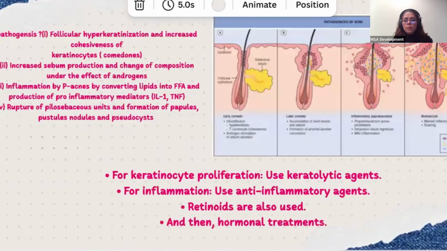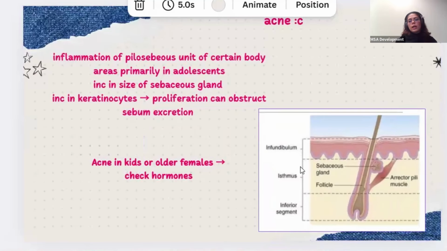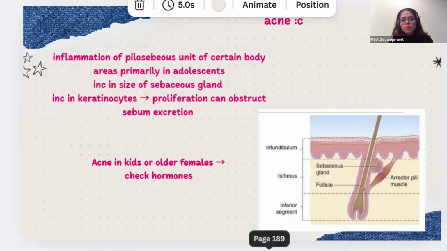I think I forgot to mention acne in kids, and I'm talking about 8 or 9-year-olds, or someone over the age of 2. You need to watch out for their hormones and do a hormone check, because acne can be caused by excessive androgens. Older females as well, if they have acne, you check their hormones.